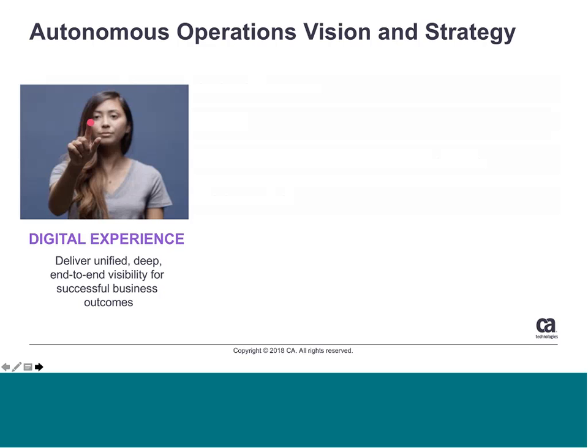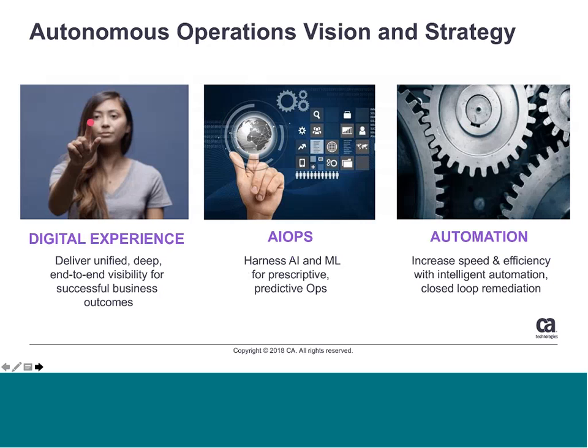Before we actually get into the content about upgrades, it's important that I take a few minutes to cover the vision and strategy that we have for CA Spectrum as well as for our overall NetOps strategy. At the end of the day, what matters to any user of the networks is the experience that they have.